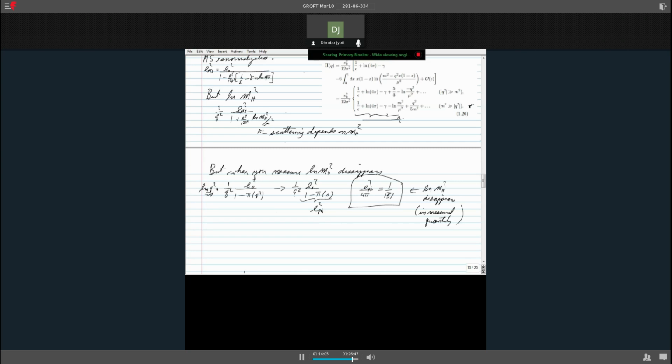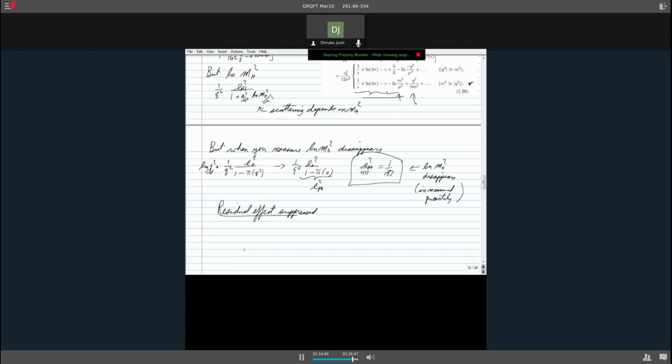So when you're measuring, you actually measure near q squared equals 0, of 1 over q squared E0 squared over 1 minus pi of q squared, which goes then into 1 over q squared E0 squared 1 minus pi of 0.